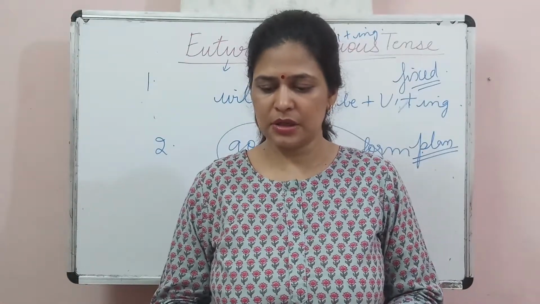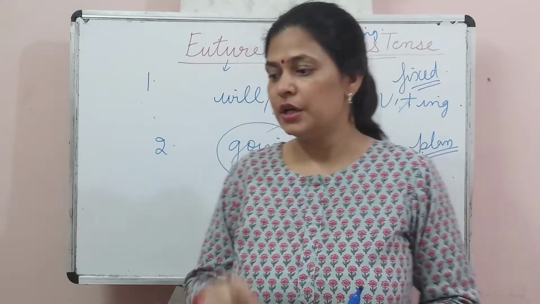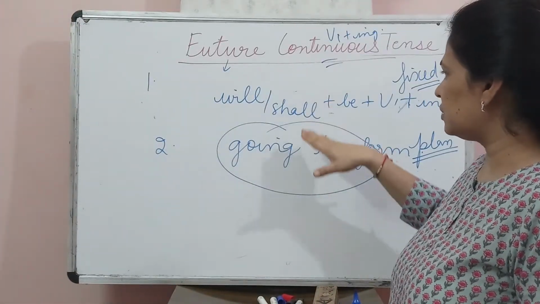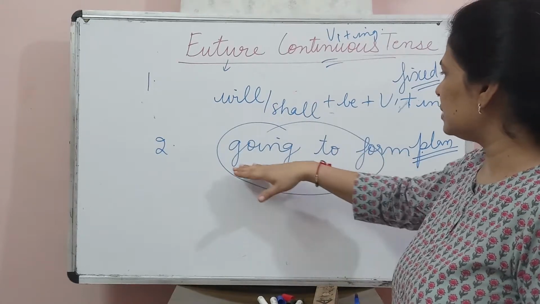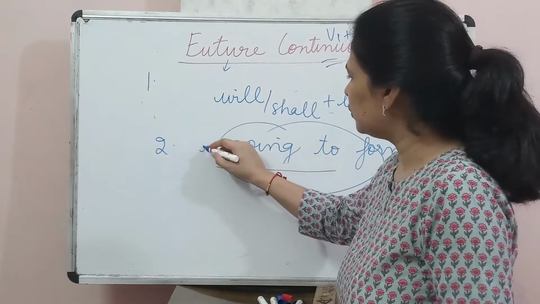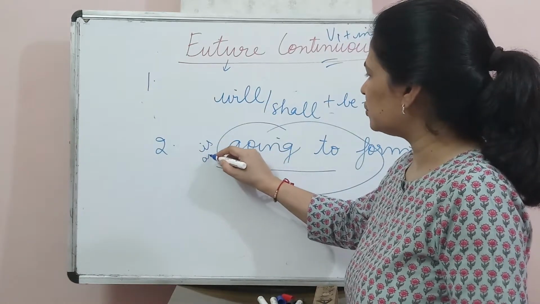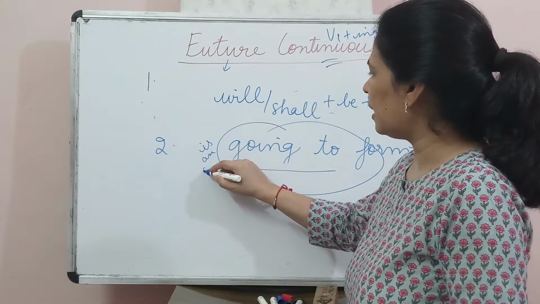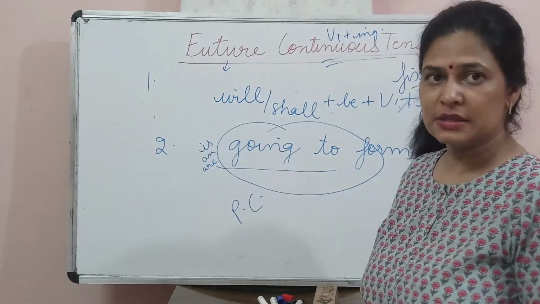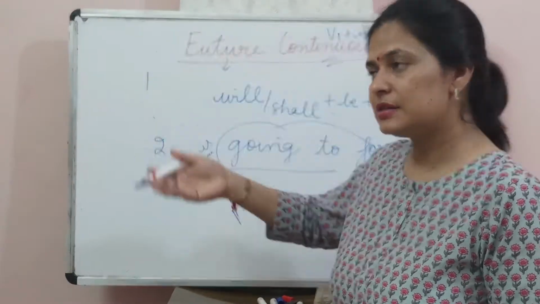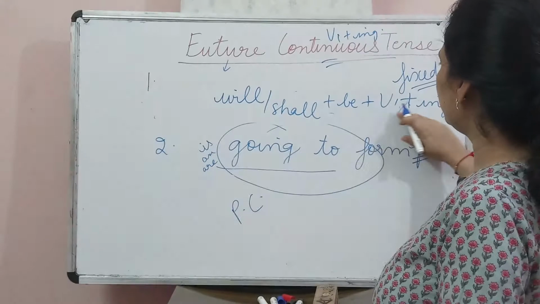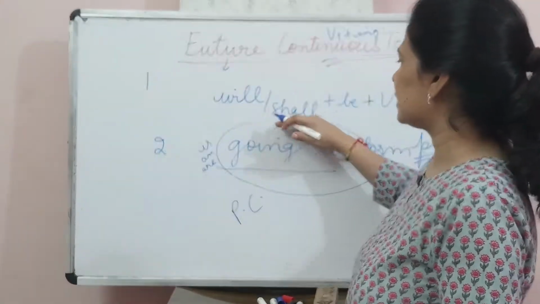Now remember there are two different things here. For the future, right now we have used the going to form. Now what is this going to form? He is going to, or I am going to, or they are going to. All these are present continuous tense, and the plane leaves at this time. So we know that normally we are using the future tense with the will, shall, etcetera.